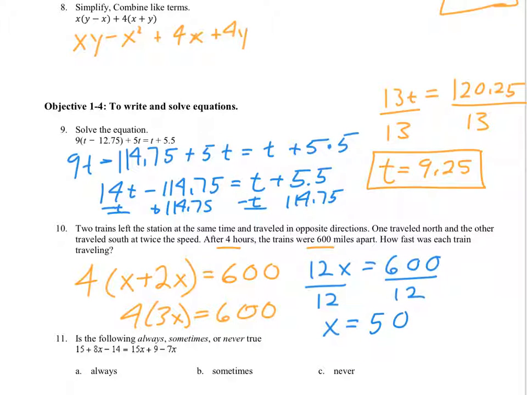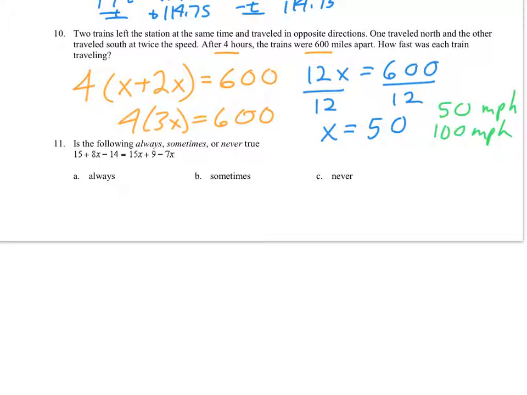Now that doesn't actually answer the question. The question was how fast was each train traveling. So if x is 50, then one of the trains was traveling at 50 miles per hour. And the other was traveling at 100 miles per hour.